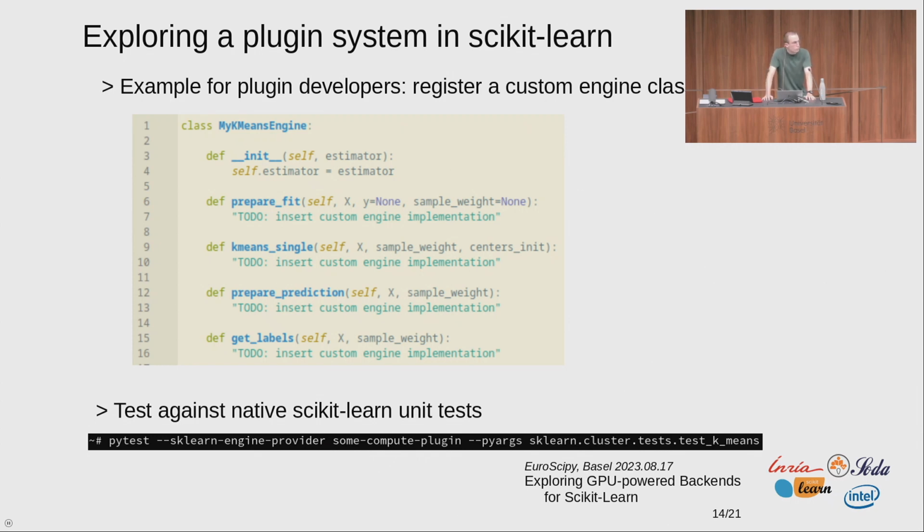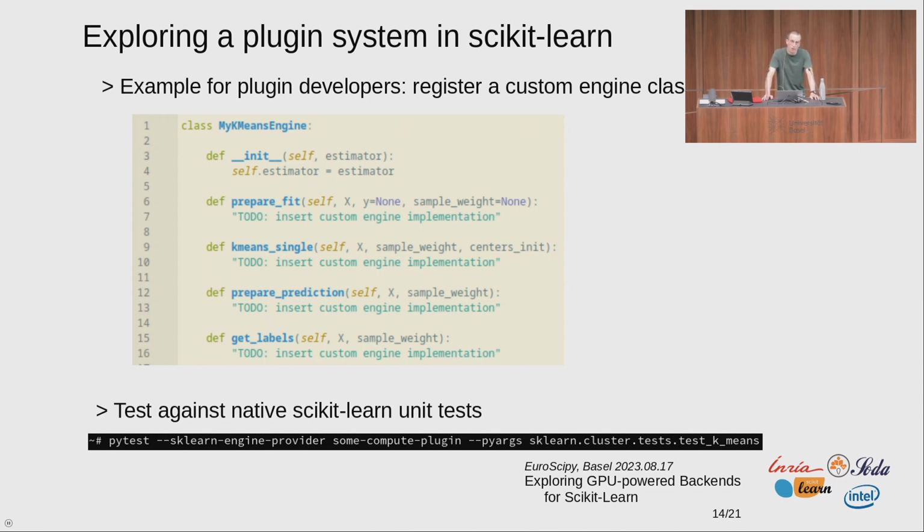So what would it look like for developers, scikit-learn developers, or even third-party developers that would want to implement and provide such plugins? It would basically consist in implementing an engine class whose list of methods is enforced and documented by the scikit-learn package.